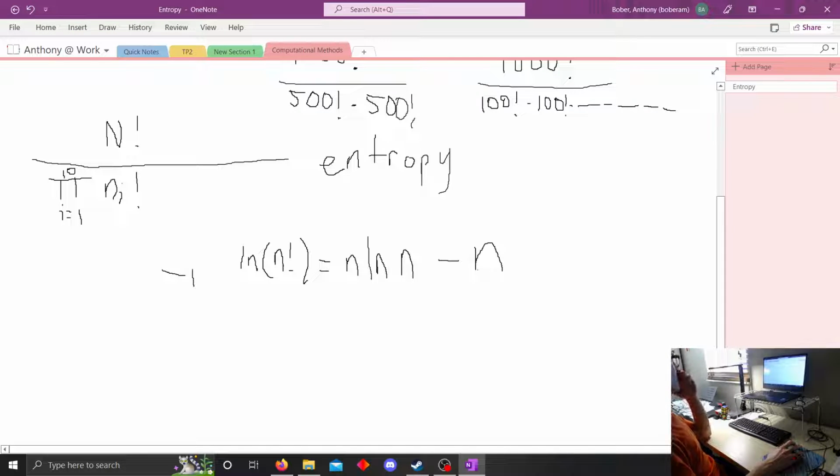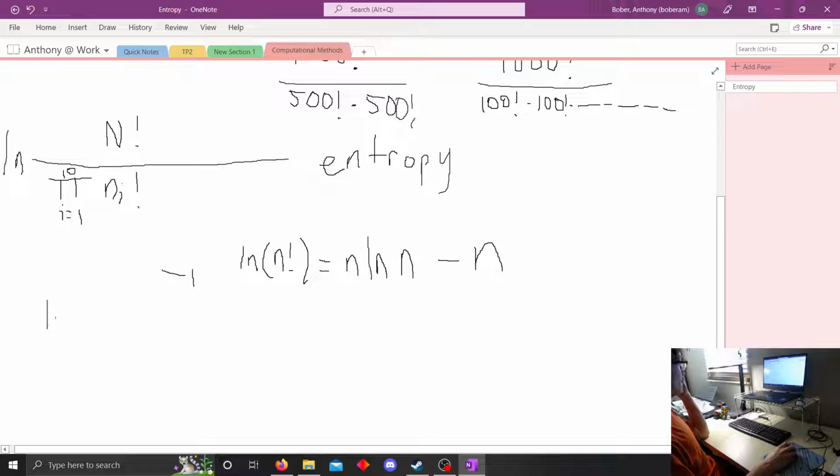Okay, so taking a look at this approximation, we can plug in ni for the n on the bottom, and also for the n factorial on top. We want to take the natural log of this.